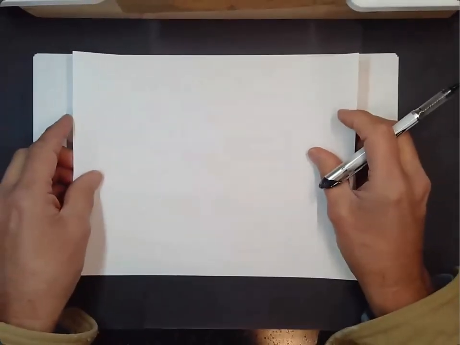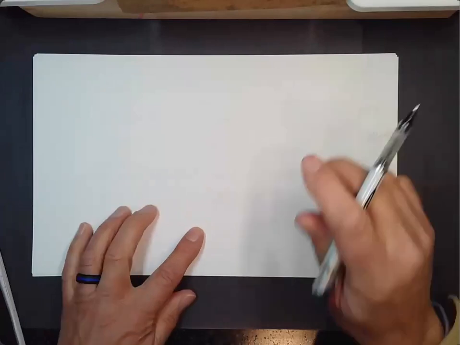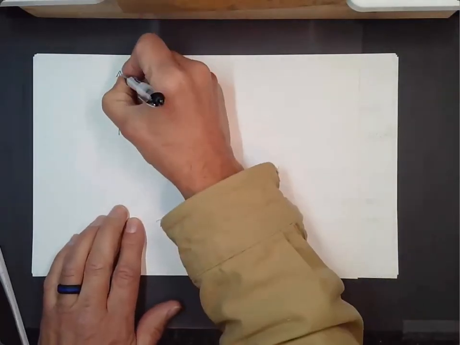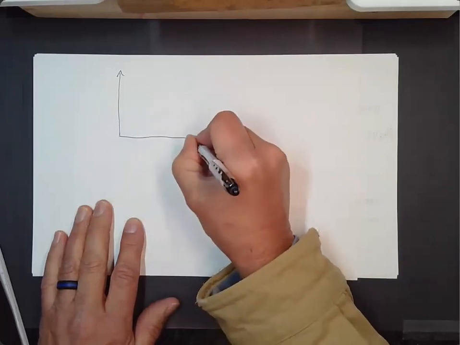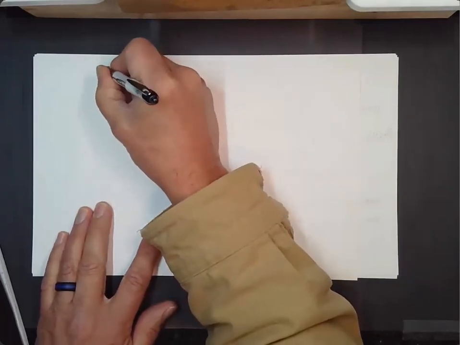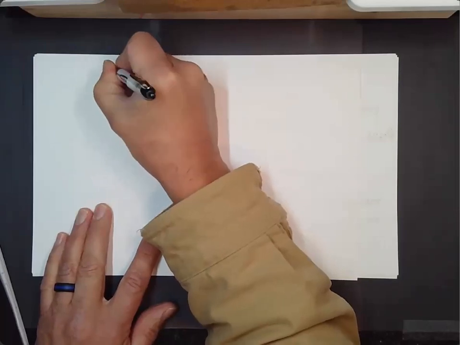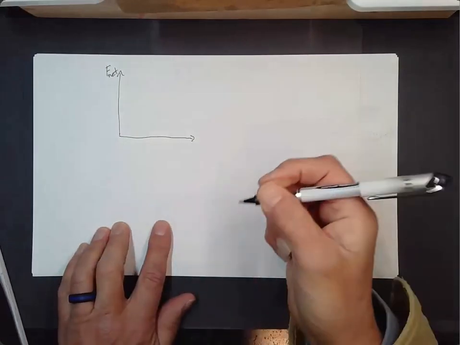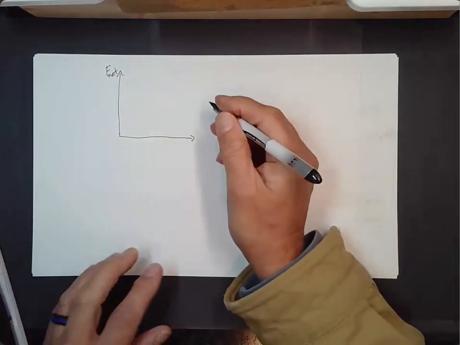Okay, now for an introductory example on this, I want to just make a graph here. And this graph will be the net force on the vertical axis that's acting on some object somewhere.